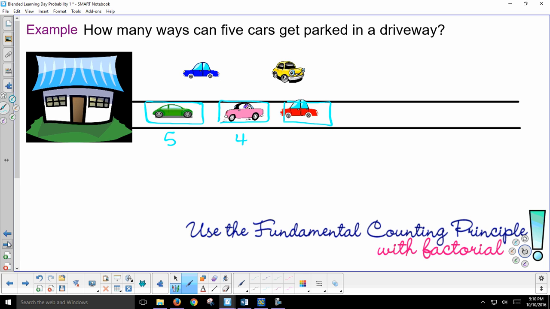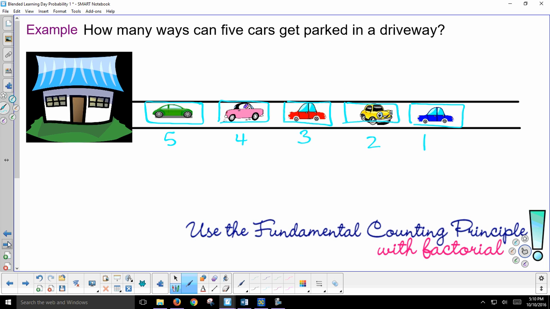So we'll just arbitrarily put this red car down there. There were 3 options for this block. How many options are in this block? Well, now there are only 2 cars left. And then this last spot, there's only 1 choice there. So let's put him there. There's only 1 choice. I could take this out and rearrange these cars and we could figure out how many different ways we can do this. Or we could know that this is the fundamental counting principle.